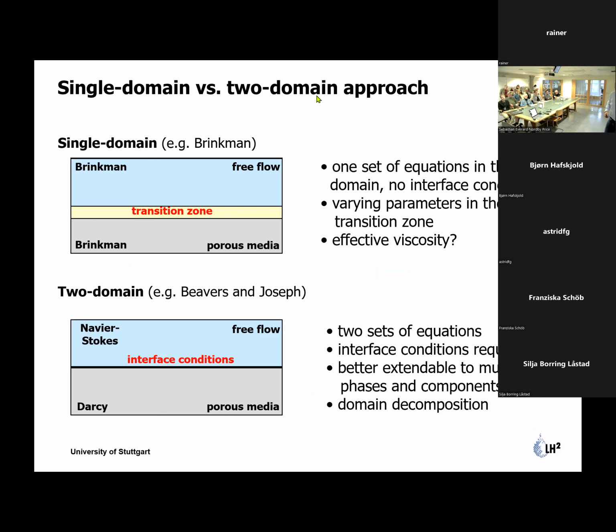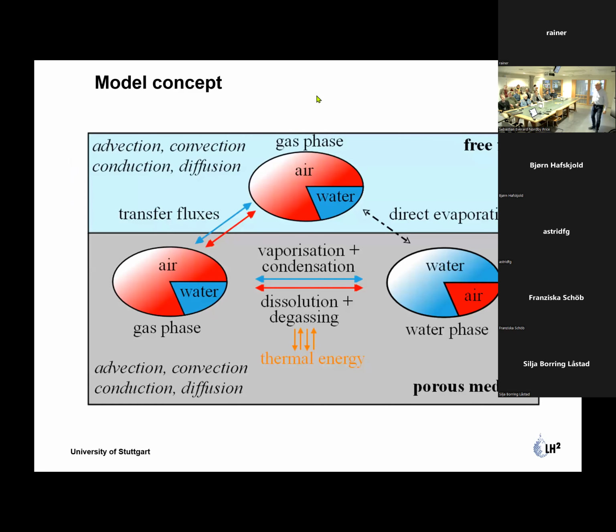That means we have one compartment that describes the free flow. Then we have a compartment that describes the REV. And then, of course, we have developed different kinds of interface conditions that take care of the transfer of mass, momentum, and energy between these two compartments. Yeah, is it clear for all of you? Super. So that's the model concept that we use. I will show you other ones later on.